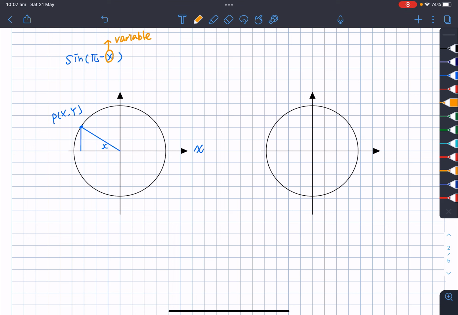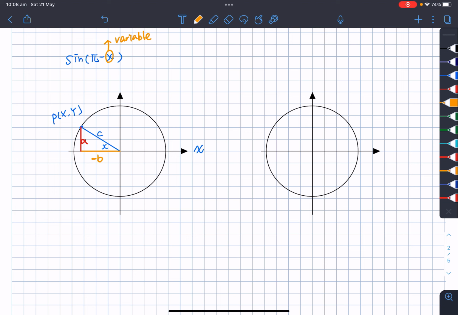Now I will draw the longer line B. You can use any variable, but I prefer to use A, B, C. This line should be B, this line should be A. Okay, hypotenuse, I use C. Because in the second quadrant, I can just write negative B here, and A is positive in the second quadrant because A means y coordinate.